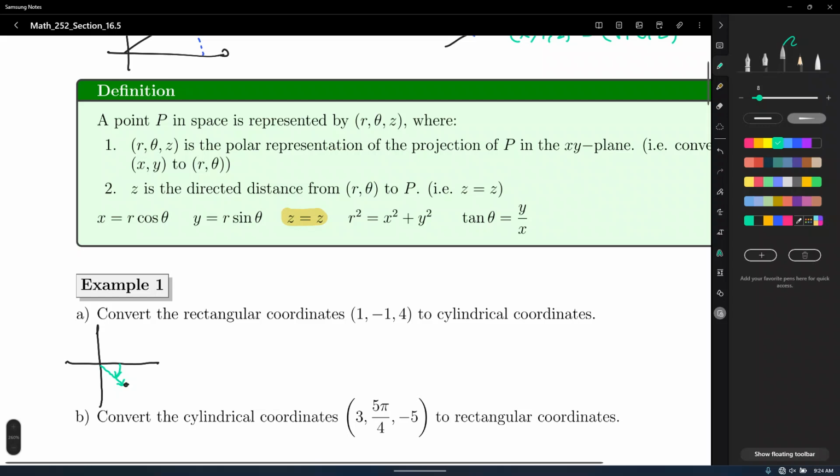If you want, take the inverse tangent of y over x, but what's the angle whose tangent is -1 over 1, or -1? That angle would be 7 pi over 4.